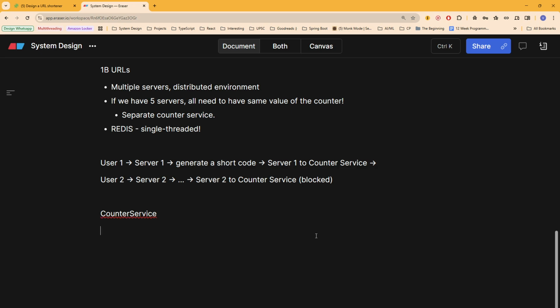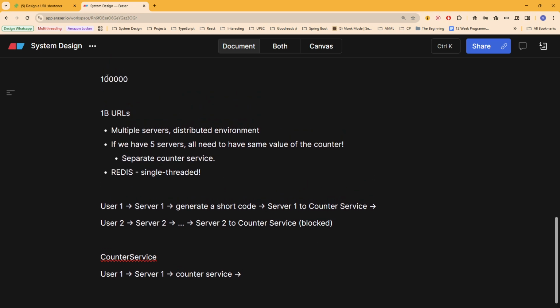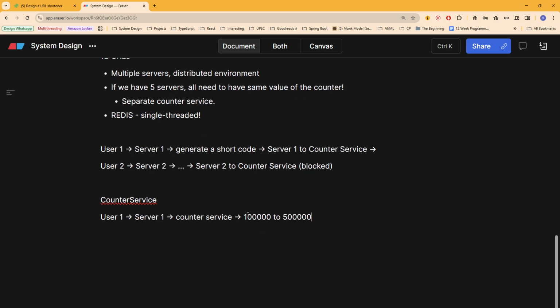It will give a batch of IDs to a particular server. Let's say user 1 comes to server 1, and server 1 talks to the counter service. The counter service says to server 1, okay, you can use 1 lakh to 5 lakh, all these IDs are for you to use. Now this 1 lakh to 5 lakh will be stored in server 1. Now server 1 will not continuously keep going to the counter service for every user.